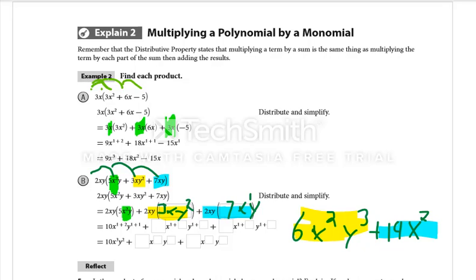And y times y is y squared. All right, so we end up getting 10x to the third, y to the second, plus 6x squared, y to the third, plus 14x squared, y squared. All right.